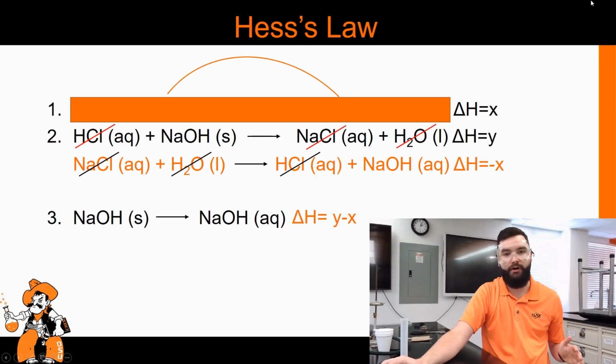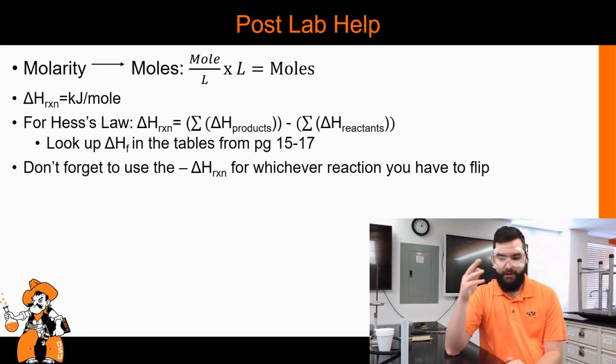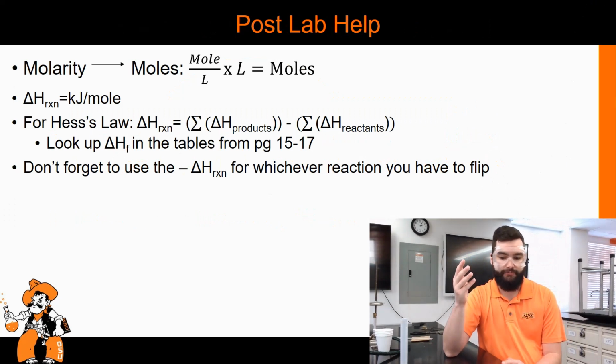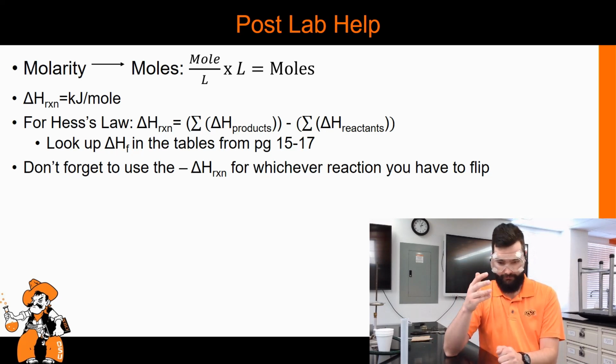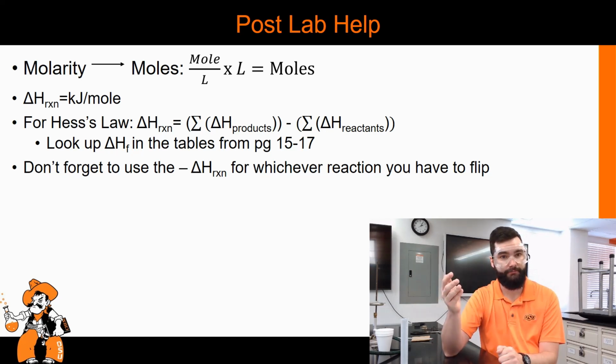So your overall delta H is going to end up being y minus x. So look up those delta H values for the products and reactants that you're dealing with in those equations. And you should be able to use Hess's law to determine the delta H of the third equation.